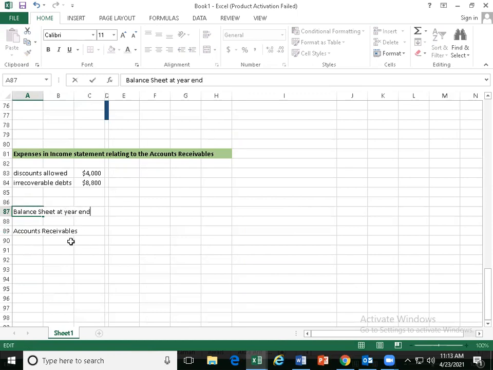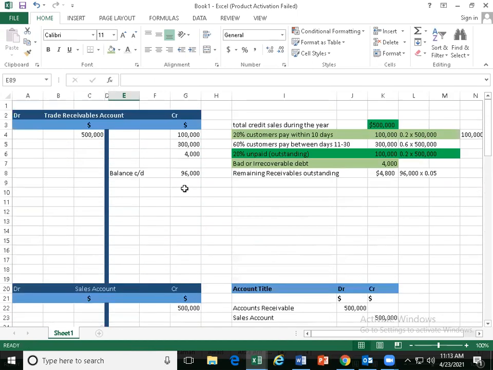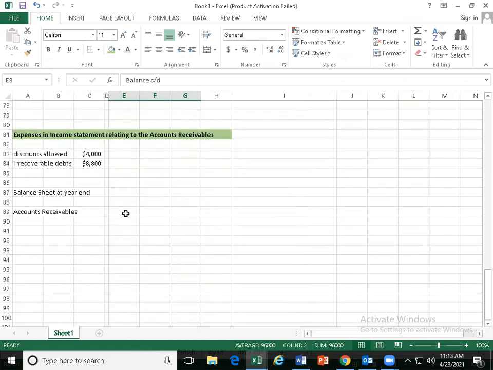Now you will tell me what is the balance of receivables at the end of the year. Well, you can see that after all the transactions have taken place, balance of receivables is $96,000. That's the closing balance. Okay, and balance sheet is prepared at the end of the year. So this $96,000 goes in there.